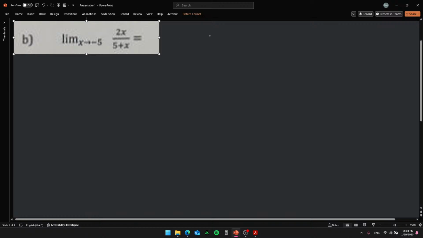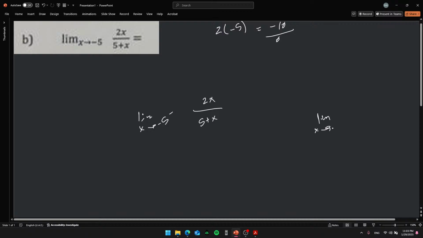If you go ahead and substitute, you'll get -10 over 0. So, limit as x approaches -5 from the left, 2x over 5 plus x, and limit as x approaches -5 from the right, 2x over 5 plus x.